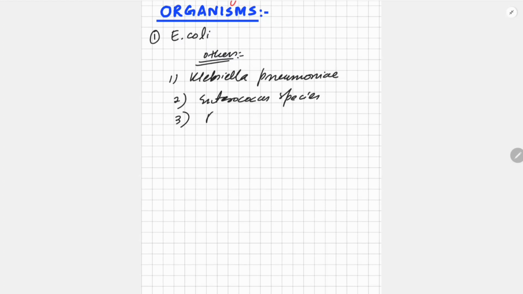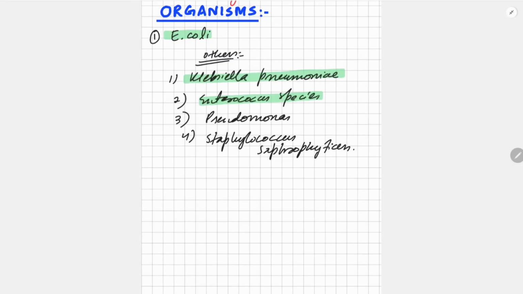The third one is Pseudomonas, and the fourth one is Staphylococcus saprophyticus. You need to remember these things. The first organism is E. coli, second is Klebsiella pneumoniae, Enterococcus species, Pseudomonas, Staphylococcus saprophyticus.